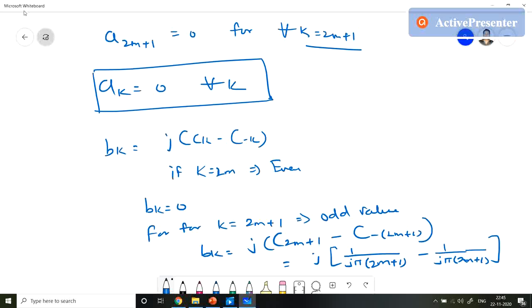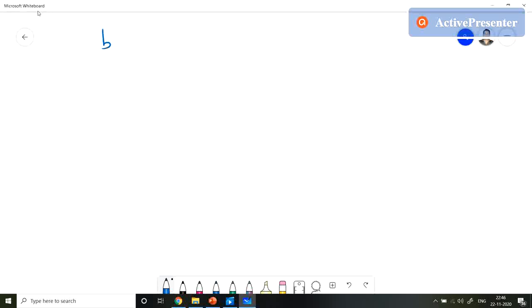So finally b_k is equal to 2 divided by pi (2m plus 1). This is for odd, so b of 2m plus 1 is equal to 2 divided by pi (2m plus 1).